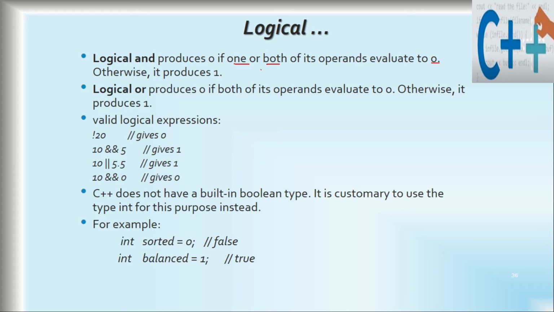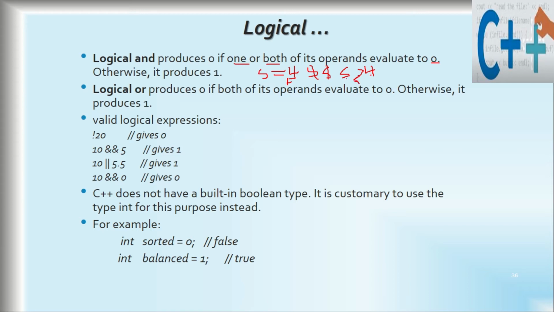For example, 5 equal to 4 and 5 greater than 4. The first operand, 5 equal to 4, is false, and 5 greater than 4 is true.